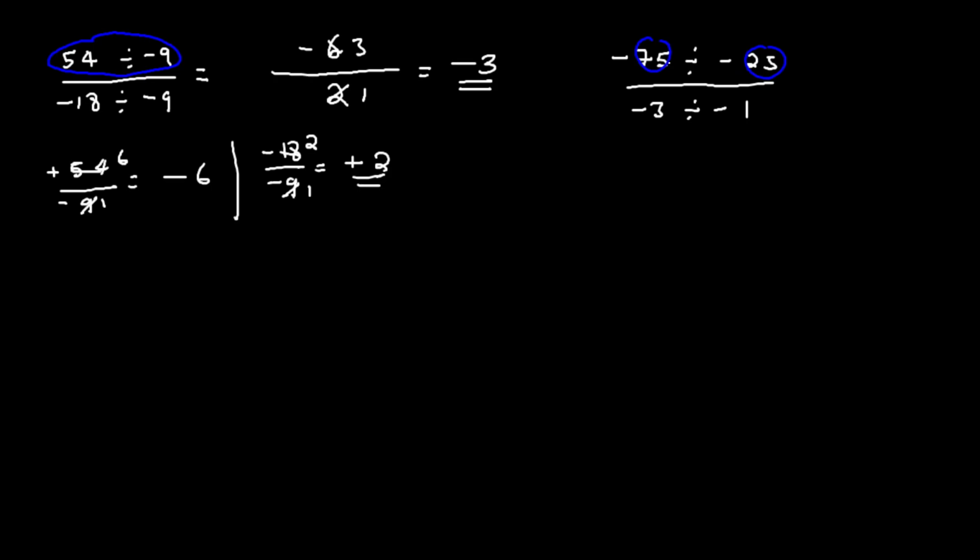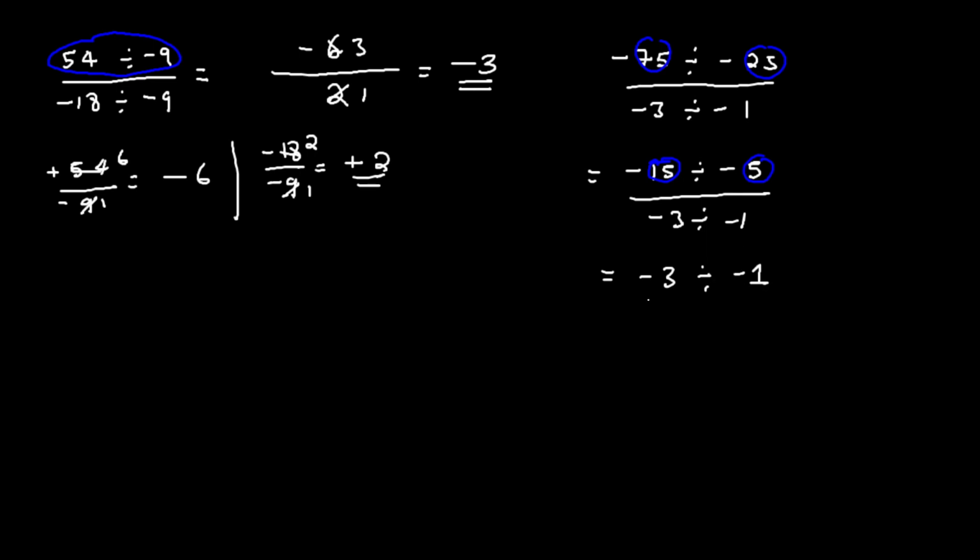If you divide 75 by 5, this will reduce to negative 15 divided by, how many times does 5 go into 25? That will be 5. And now you can also reduce these two again. Let's reduce 15 and 5 by 5. So 5 goes into 15 3 times, and 5 goes into 5 1 time.